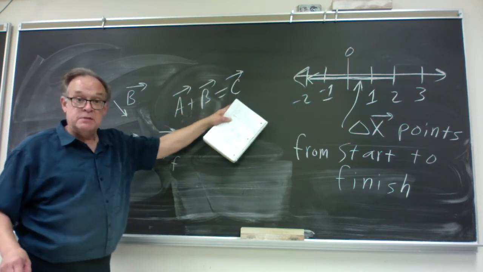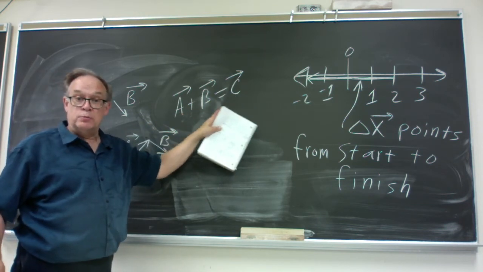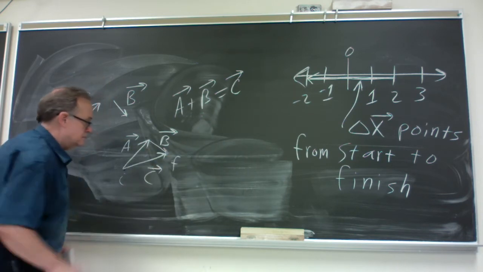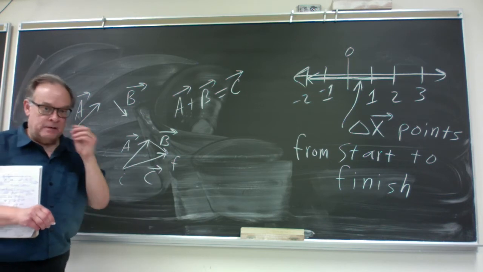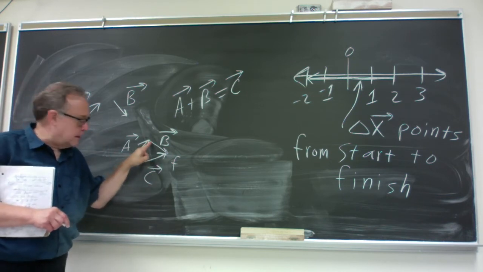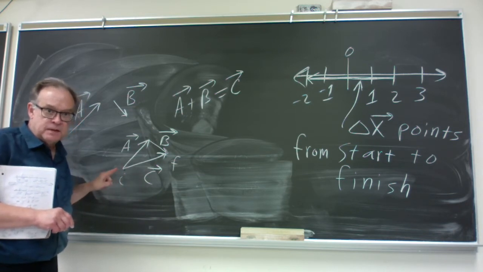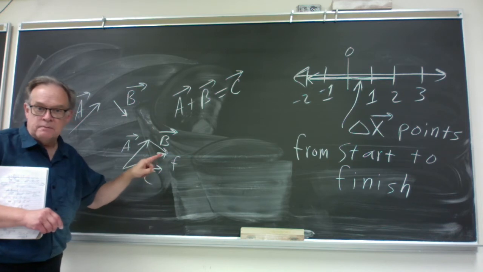The net displacement, as I wrote out algebraically here, we call C. So those are our rules. Things that are being added connect tail to tip. And then the arrow that represents the sum, or the net result of that addition, starts at the tail, the beginning of the first arrow in the sum, and goes directly to the tip of the last arrow in the sum.